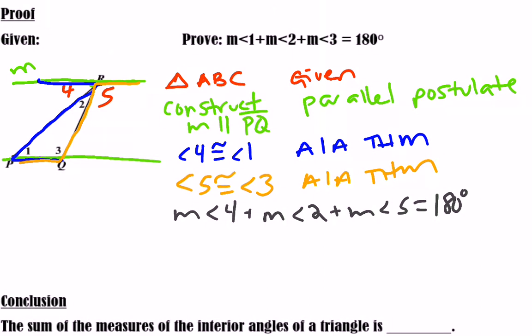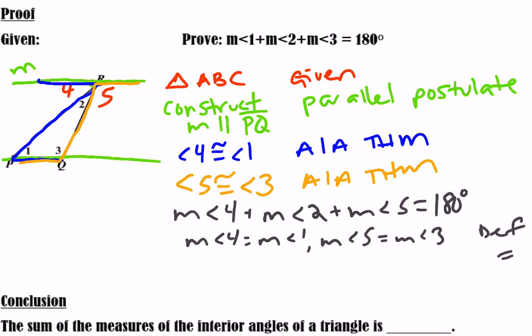And then basically we could go through and talk about how that means that the measure of angle 4 is equal to the measure of angle 1, measure angle 5 is equal to the measure of angle 3, and that's just the definition of congruence.